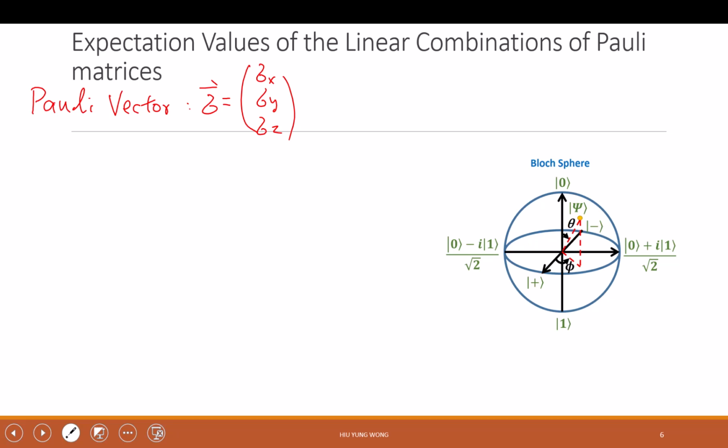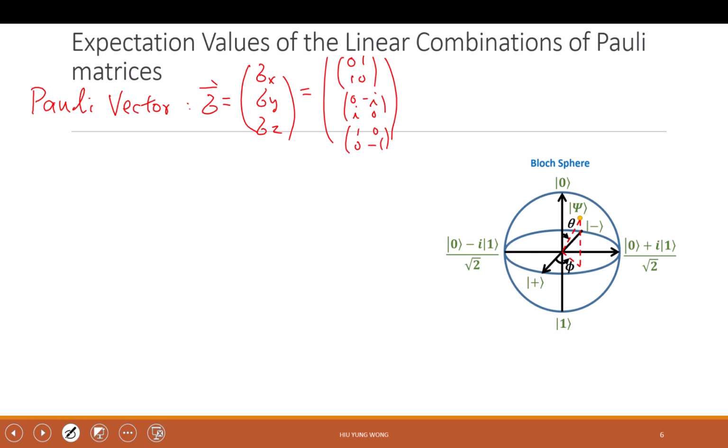I forgot all the definition. So this matrix by itself can be the element of the vector. It's like this: 0, 1, 1, 0; 0, negative i, i, 0; 1, 0, 0, negative 1.